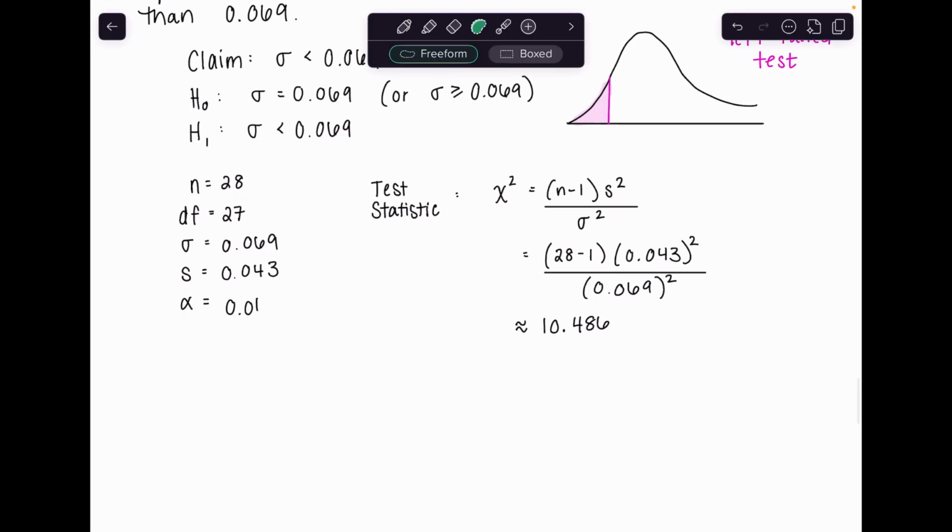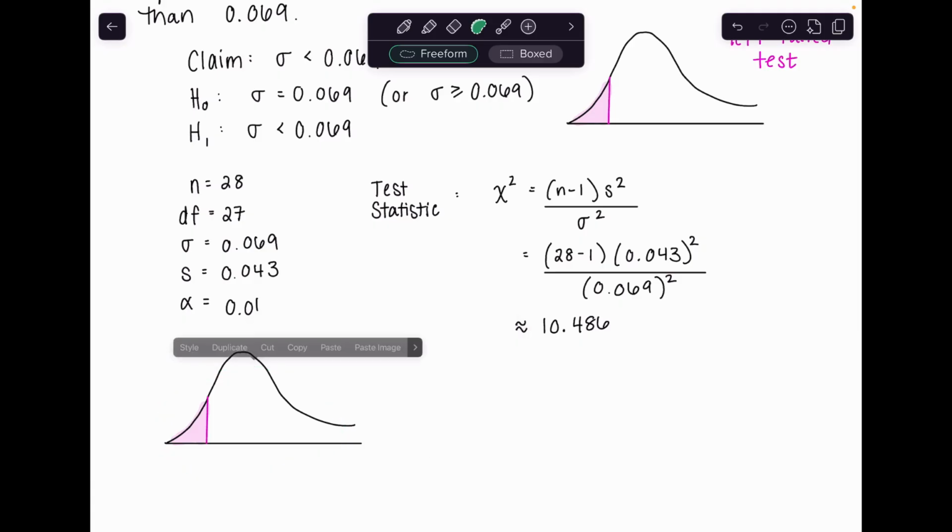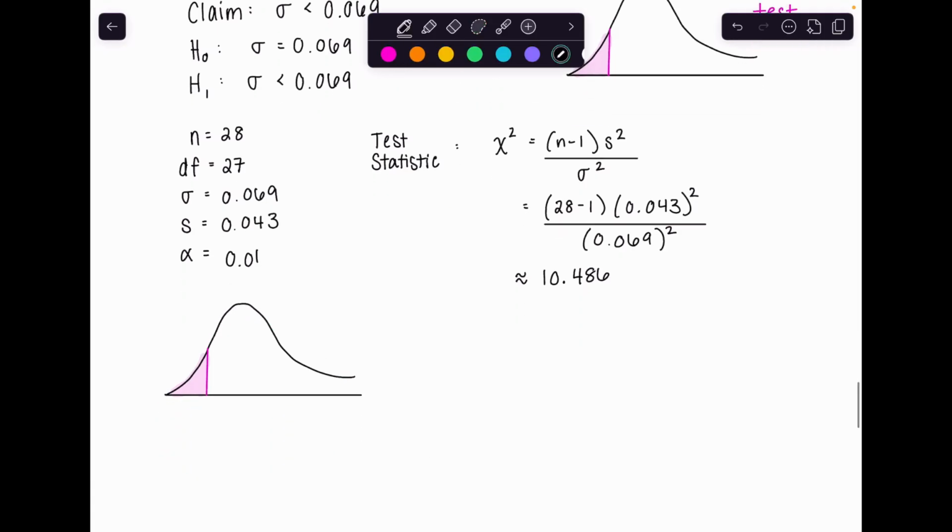Now, with this particular left-tailed test, I have a single critical value, which you might just call chi-squared, or chi-0. We want 1%. So the area here needs to be 1%.